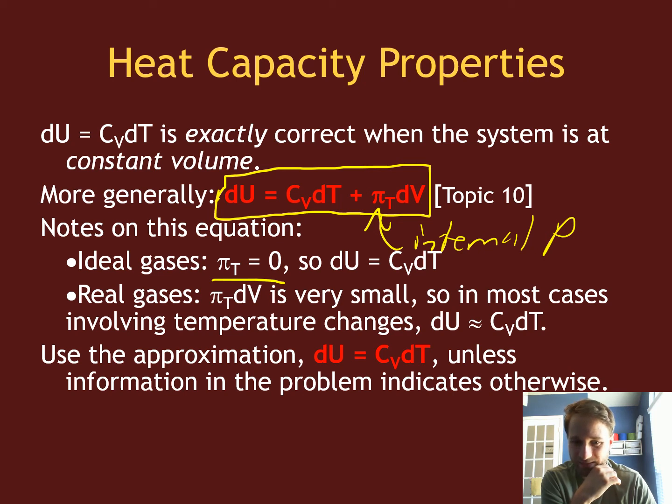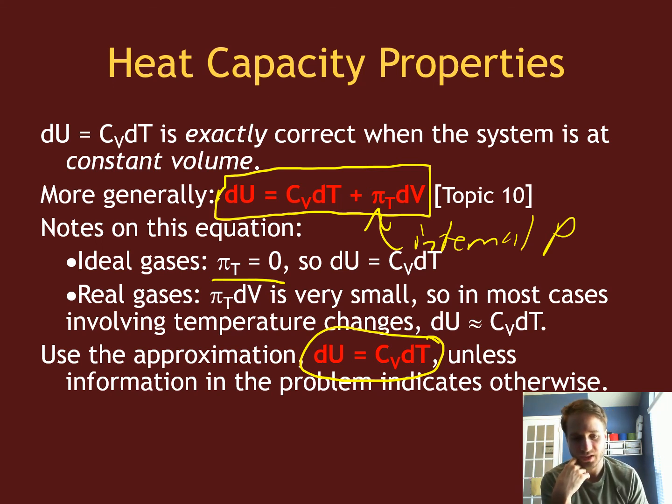But for real gases, pi sub T is non-zero, though it's typically very small. So often we can use this simple dU = Cv dT for any problem in general, unless specifically specified otherwise that we need to include this internal pressure term.